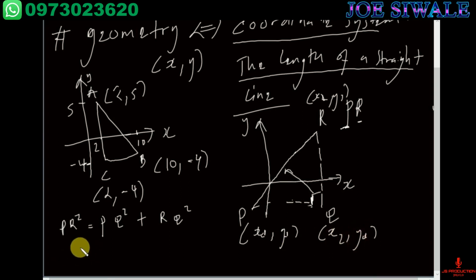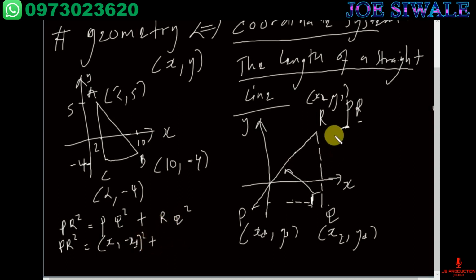Let us go back to the formula. PR squared is equal to PQ squared plus RQ squared. To find PQ, we take our x2 minus our x1, which gives us the length PQ. We put that in brackets: (x2 minus x1) squared, plus, what about RQ?